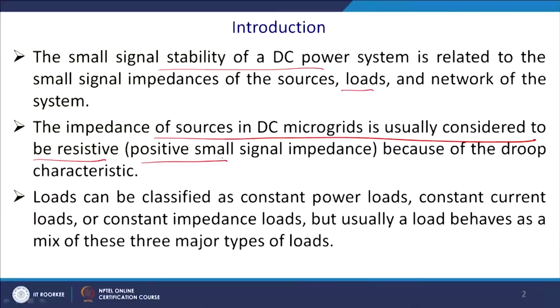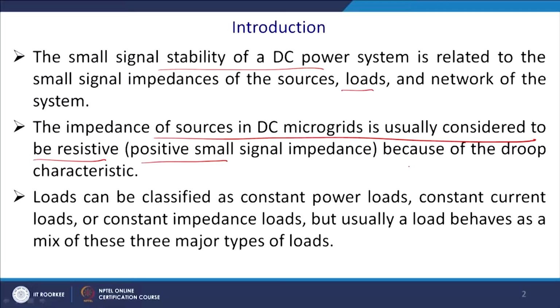For this reason, predominantly what we mean by impedance is the resistance, and the positive small signal impedance because of the droop characteristics. Generally, when load increases, you will find that the bus voltage drops. So, for this reason you have the droop characteristics.